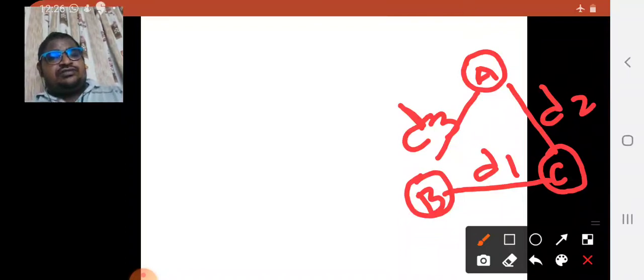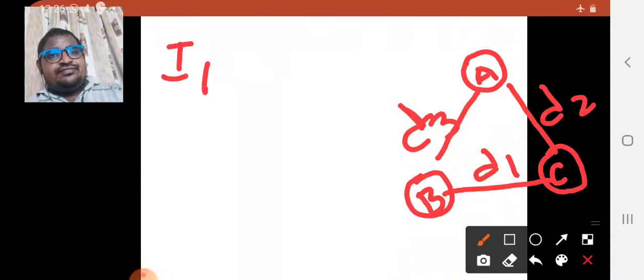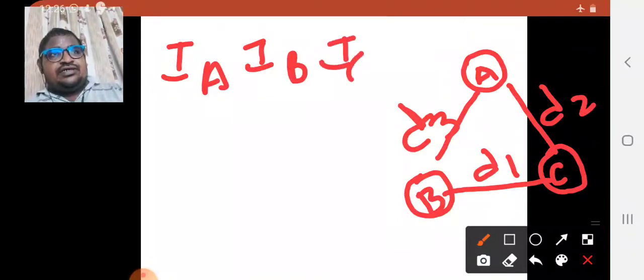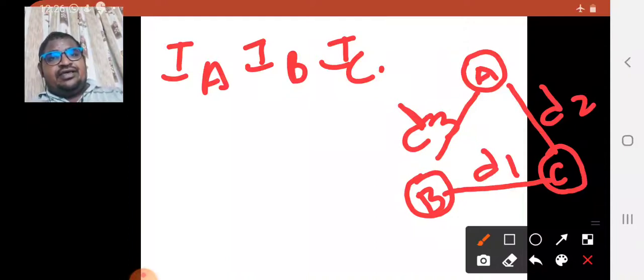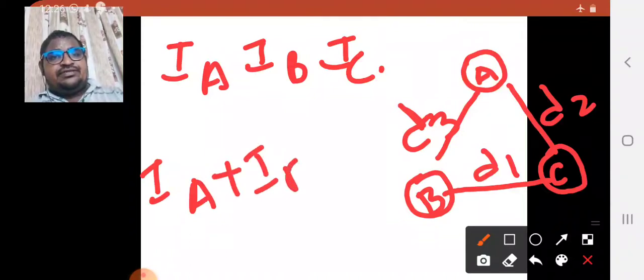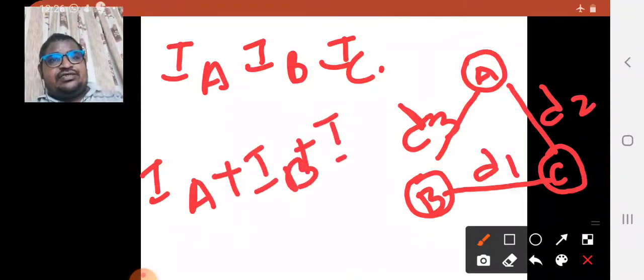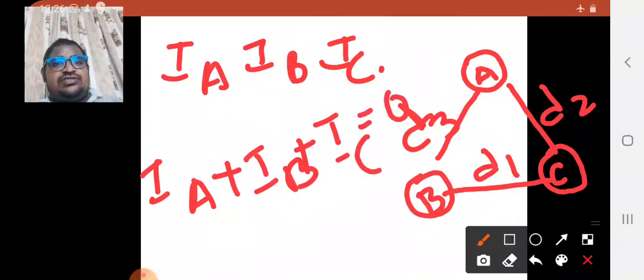We also assume that the conductors A, B, C are carrying the currents IA, IB and IC respectively, and we assume further that the loads are balanced. When the loads are balanced, we can write IA plus IB plus IC is equal to 0.